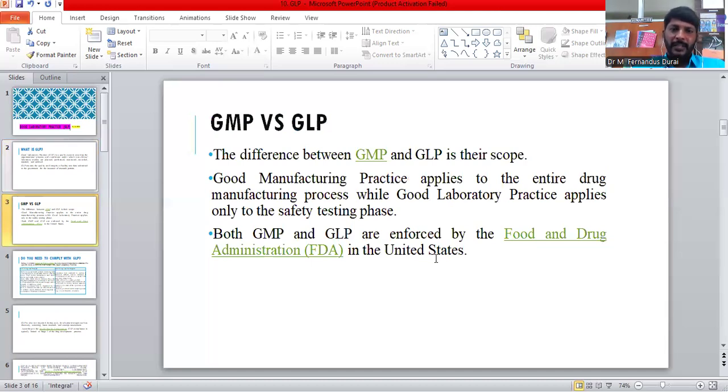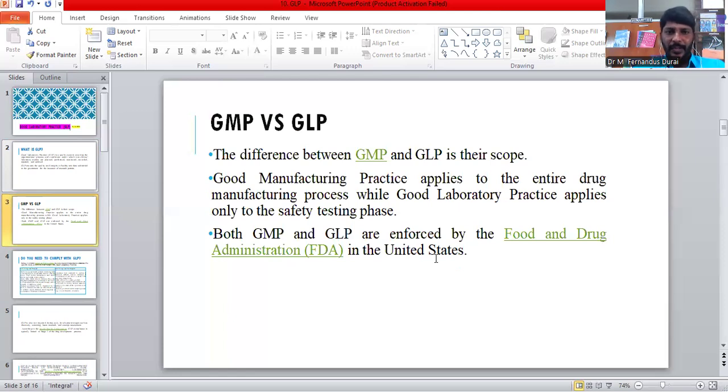So the two things are there: like GLP, we have another one, GMP. The GMP is good manufacturing practices. The GMP applies to the entire drug manufacturing process, while GLP, the good laboratory practices, applies only to the safety testing phase.